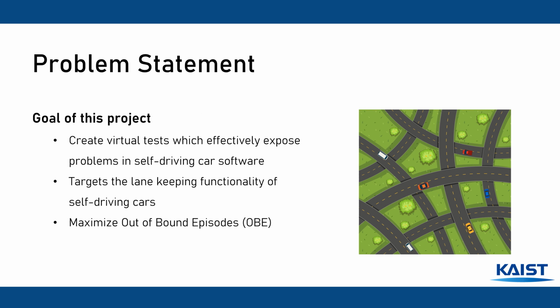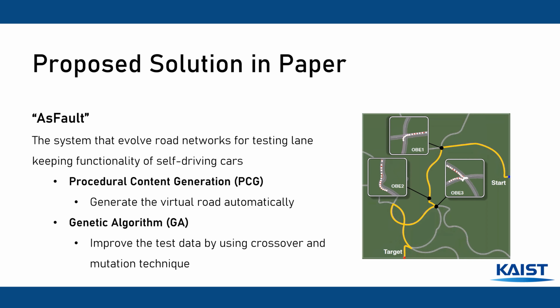Here, OBE means out of bound episode, which is the case where the vehicle gets out of the center of the road excessively. To solve the lane keeping problem, the solution proposed in the paper was SBST, which is a system that evolves road networks for testing the lane keeping functionality of self-driving cars.